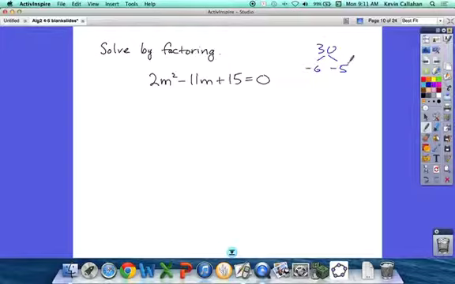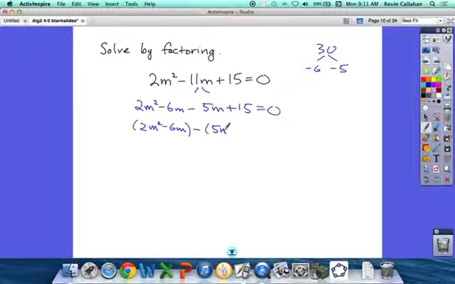Okay, what did we do with those two numbers? Yeah, we split up the middle term. 2m squared minus 6m minus 5m plus 15 equals 0. We grouped. We factored each set of parentheses.